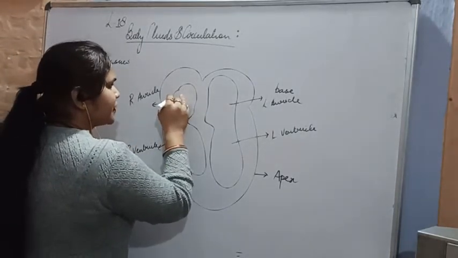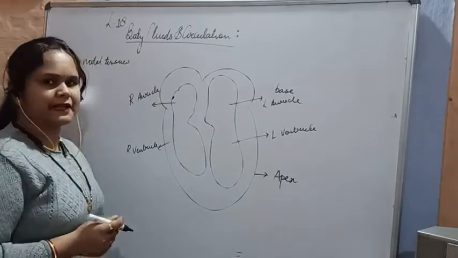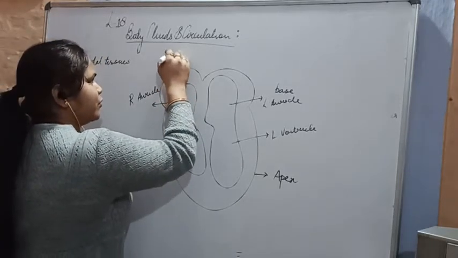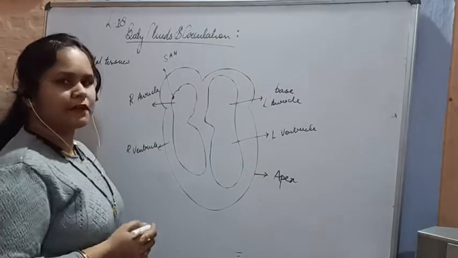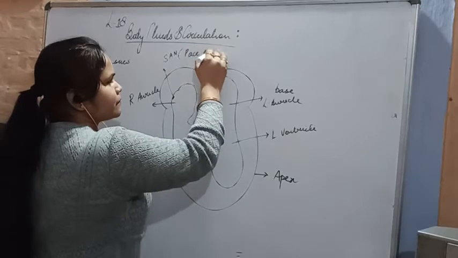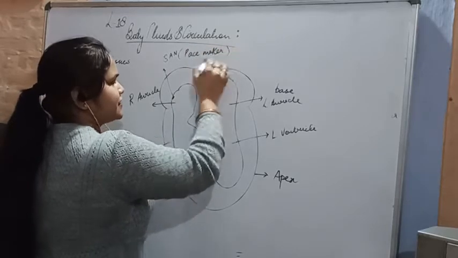This is the right side of the right auricle. Here it has the SAN node, called the sino-auricular node, which is also called the pacemaker. This is called the pacemaker.